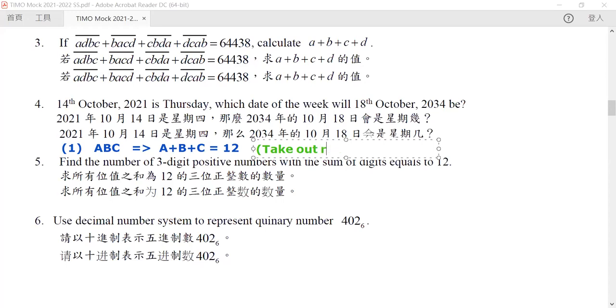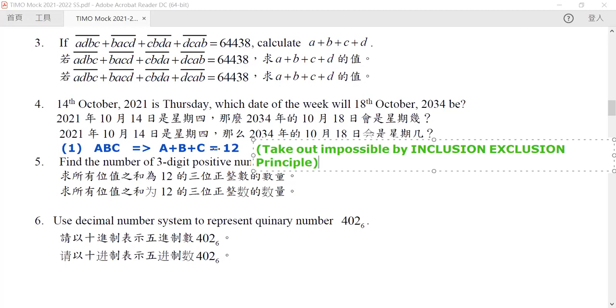Take out the impossible cases by the inclusion-exclusion principle, and then we can calculate this using the combinatoric tricks.